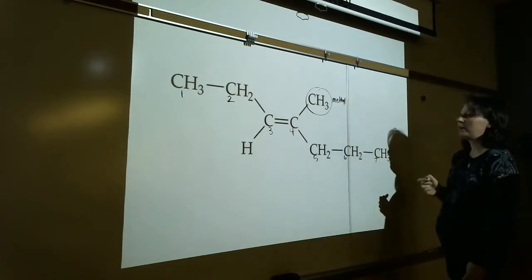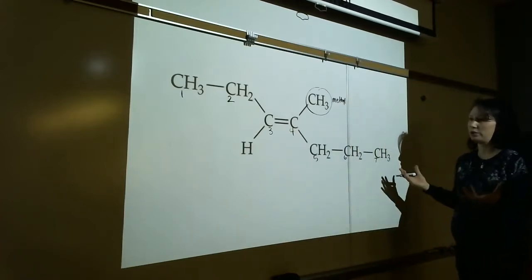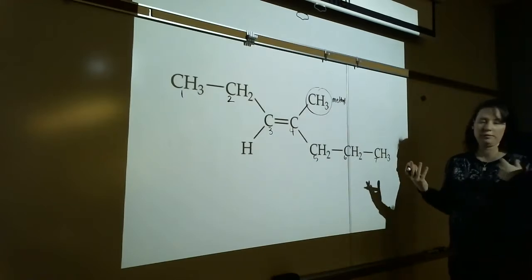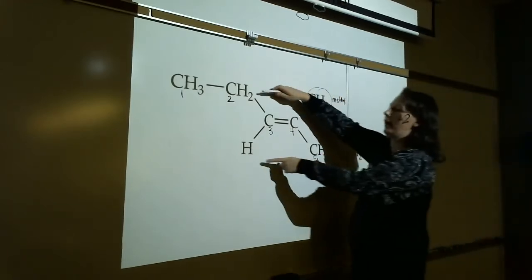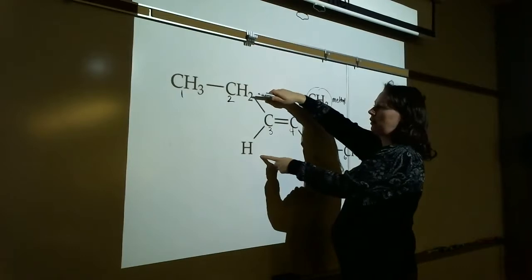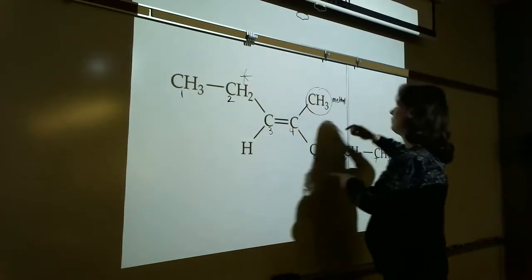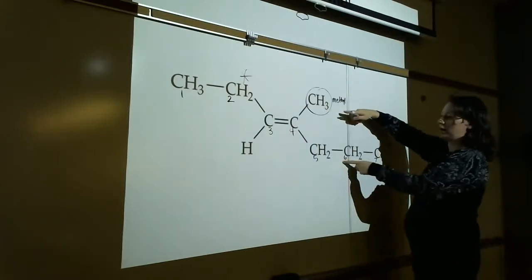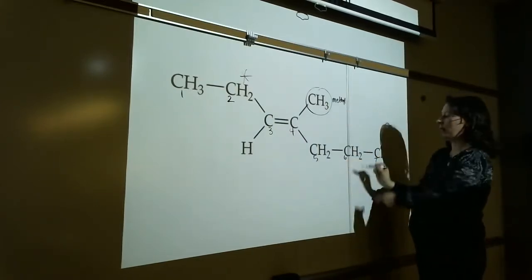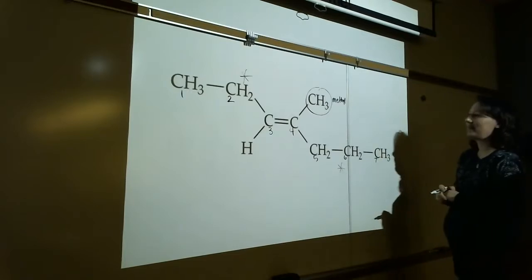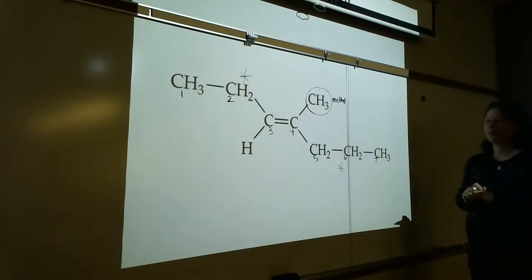Okay. Now we need to ask ourselves, because of how this is drawn, is it cis or is it trans? Right? So we're comparing these two halves, which is bulkier. The top is bulkier, right? And I'm comparing these two, which is bulkier, the top or the bottom? The bottom. So does that make it cis or trans?